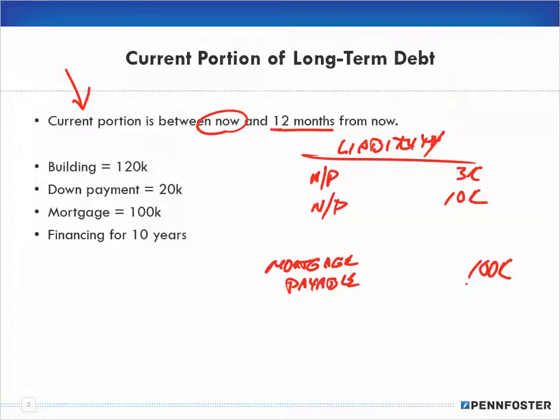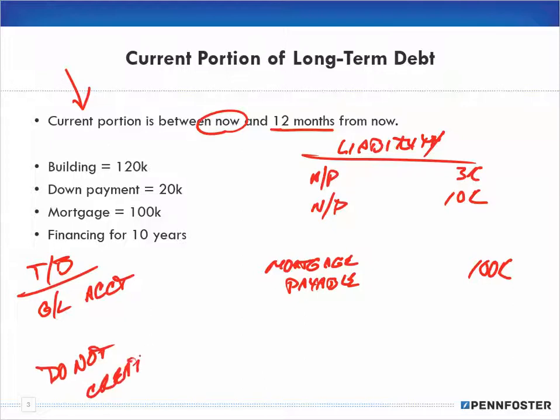That's on your trial balance, in your general ledger accounts. We do not create an account for the current portion. We do not do that on our books.